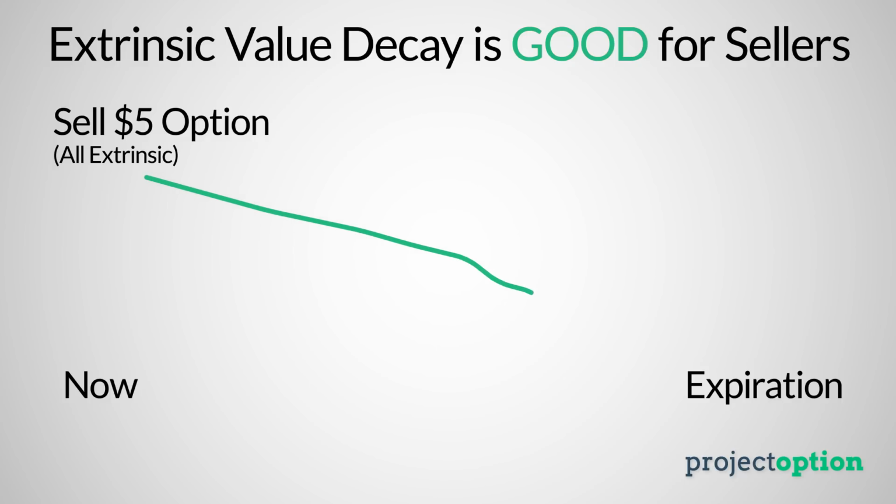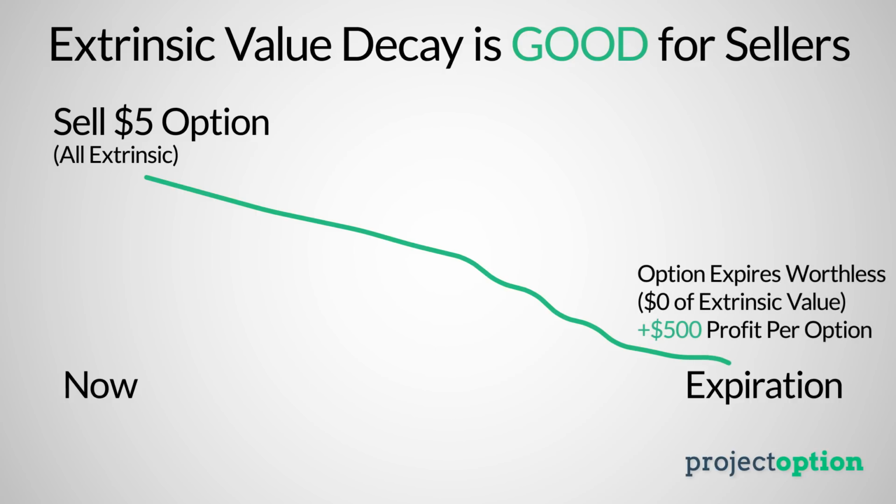So if I sell an option for $5 and it's currently out of the money, meaning it has no intrinsic value, as time passes, that $5 option will approach $0, and the decrease in that option price is going to generate profits for me as an option seller, because as an option seller, my goal is to sell options at a price that is higher than what I pay for it to close it later.